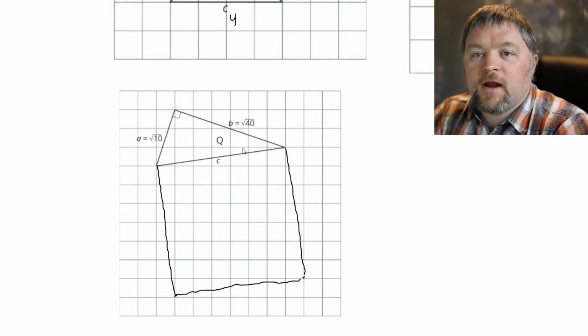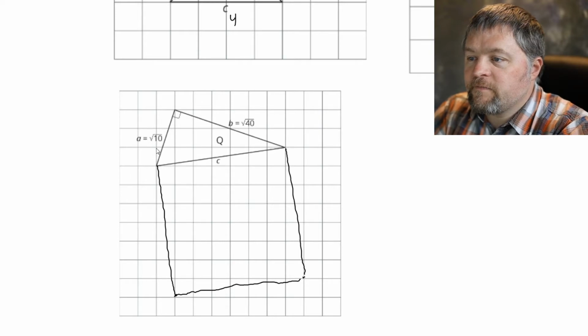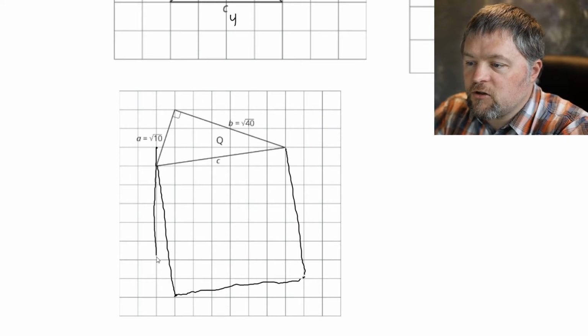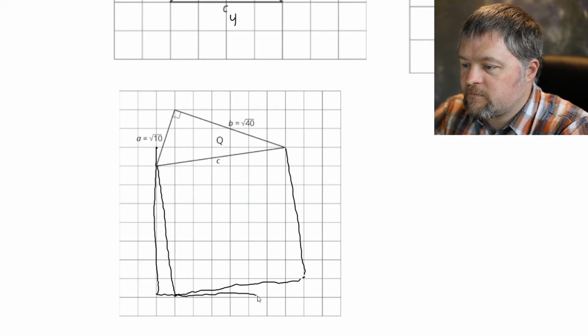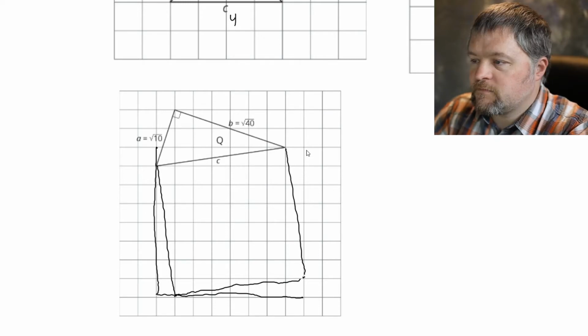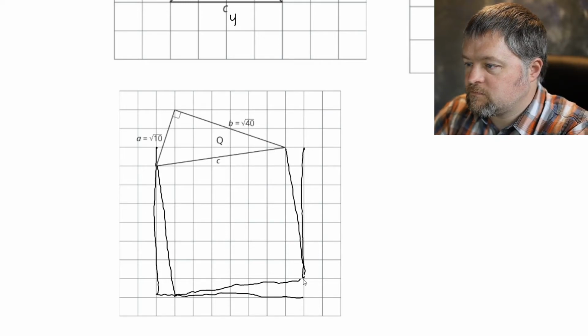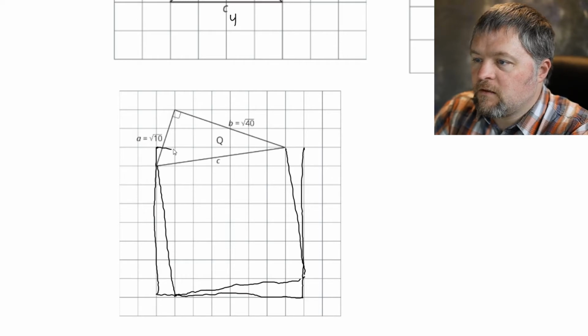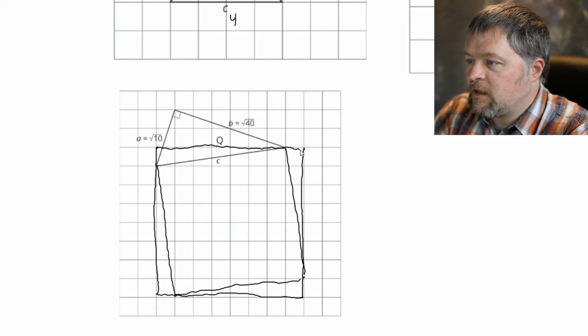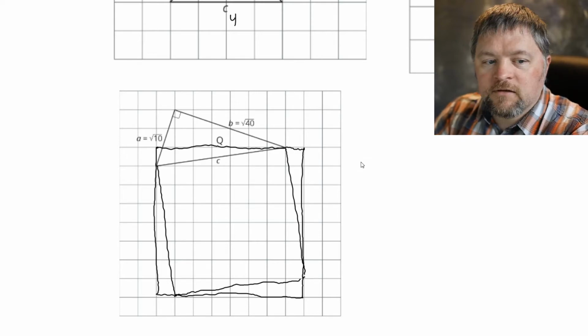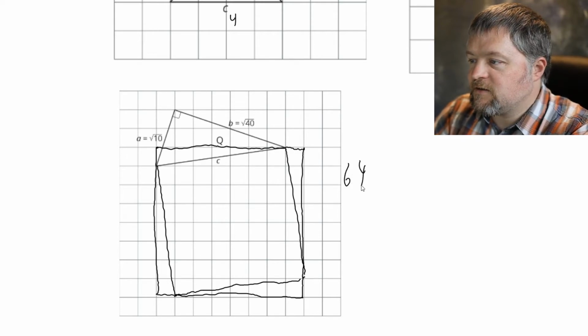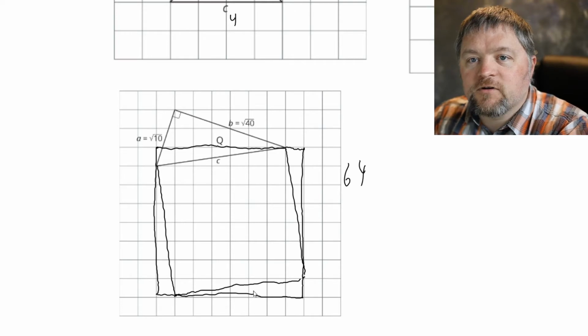Here is our square drawn off side C. Now we want to enclose that. And this is an 8 by 8 square. So it is 64 units for the outer square.